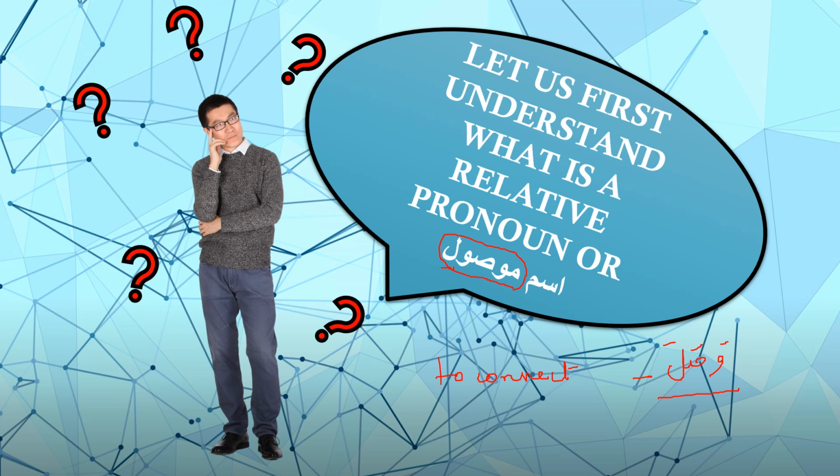As I told you, we get all the scales from the root verb, that is wasala, the triliteral verb. So from wasala, we get the scale of ism maf'ul, that is maf'ulun.